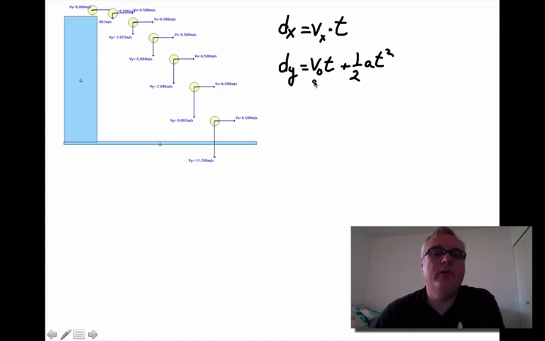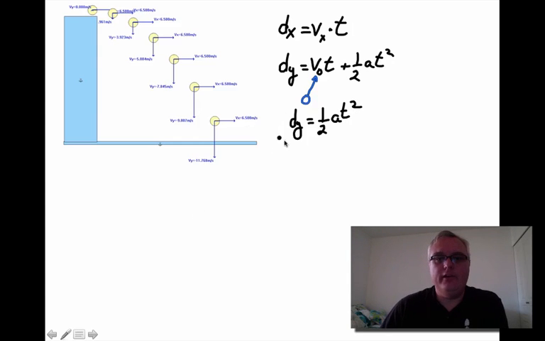But what's important to remember is that this component here is 0. Right? So this part of the equation disappears, and it simplifies to 1/2 times at squared.